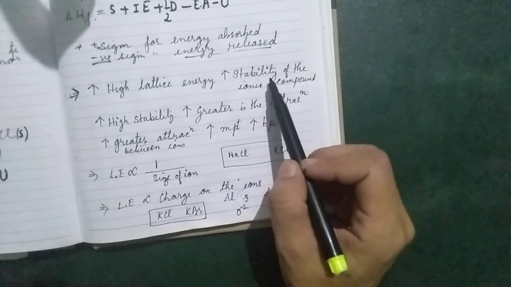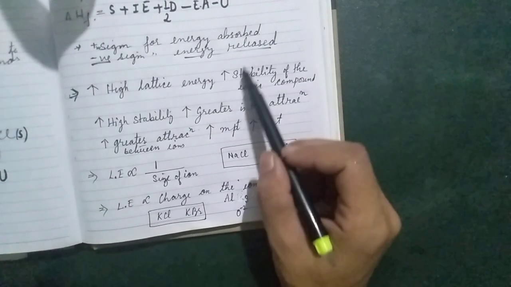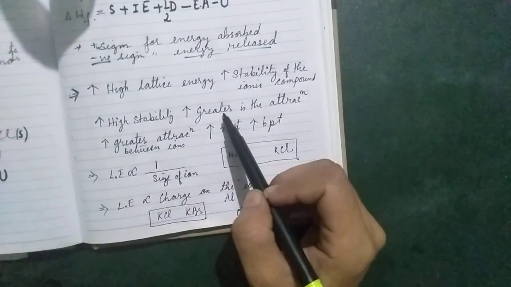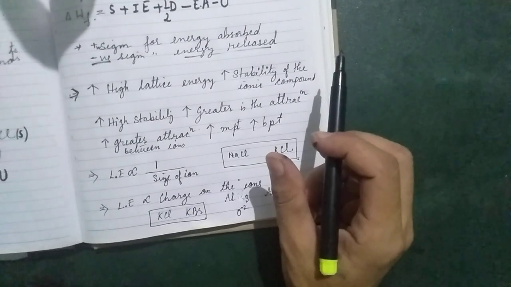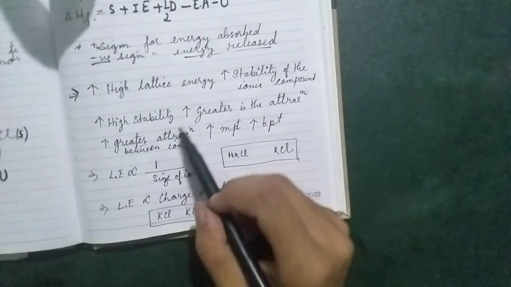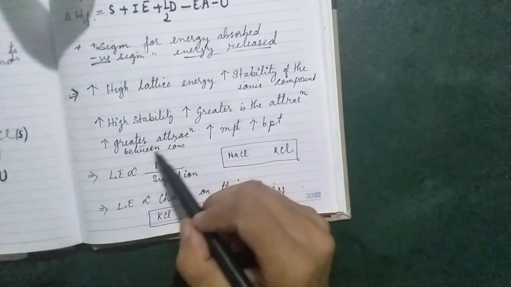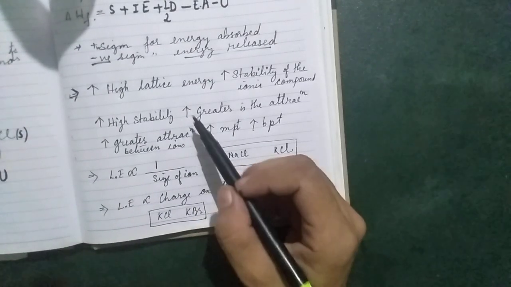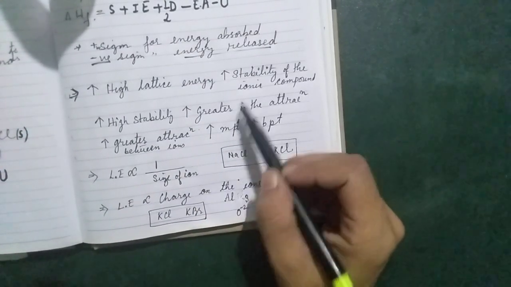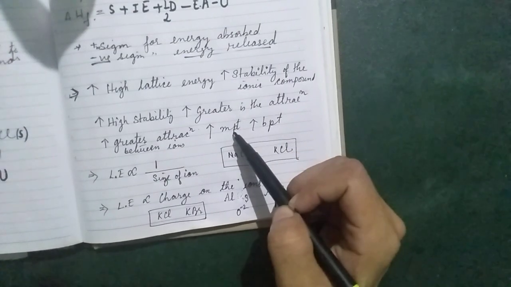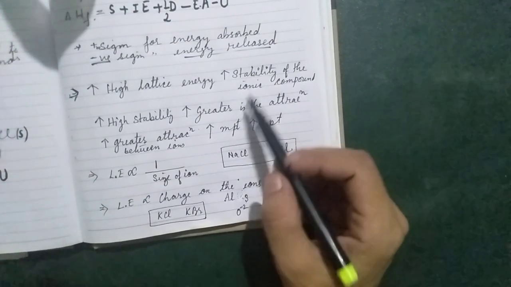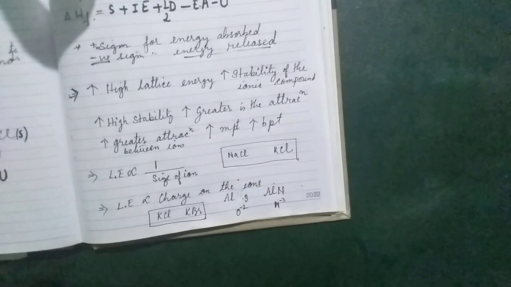High stability of the compound means greater attractive force, and that means there is a strong bond between the ions. So in order to melt it, a high amount of energy should be supplied. So the melting point is high and the boiling point is also high.